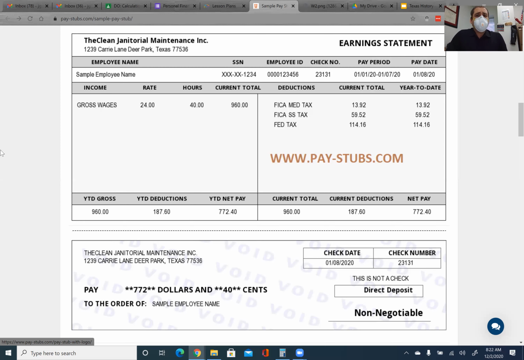Okay, can y'all tell what period, when was this earnings statement released? This earnings statement represents a certain amount of dates. What part of the year? January 1st to January 7th. So this is the first week of the year.